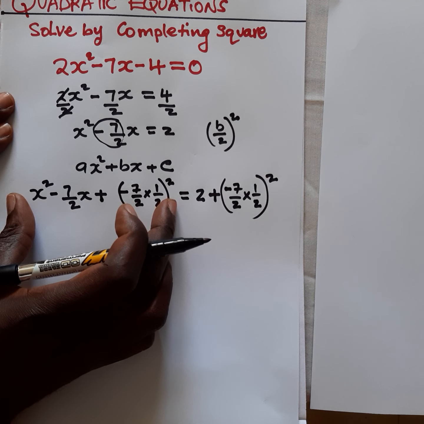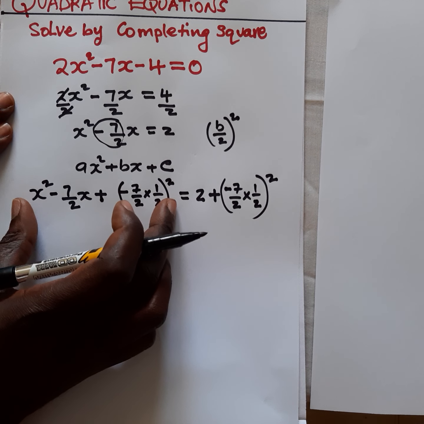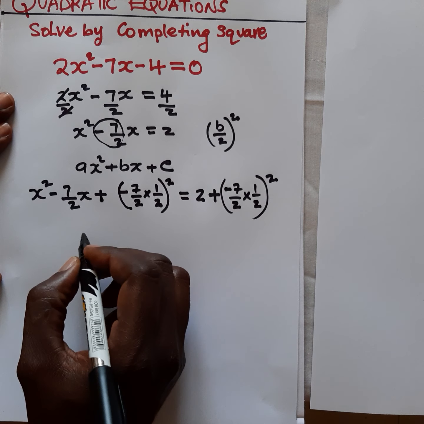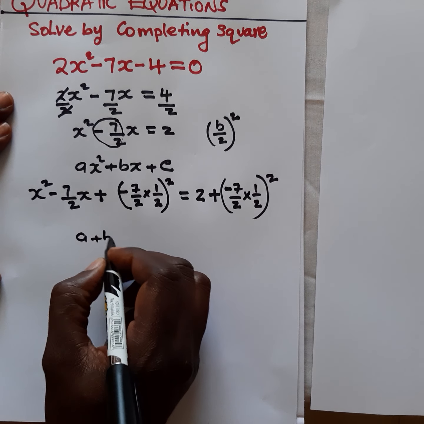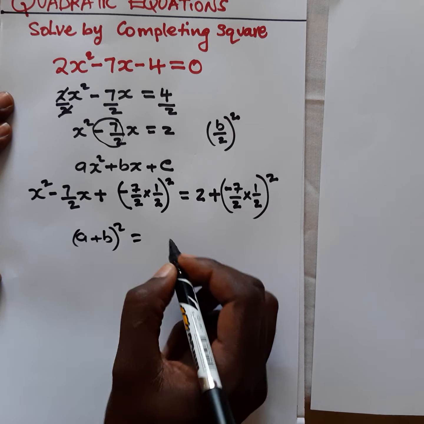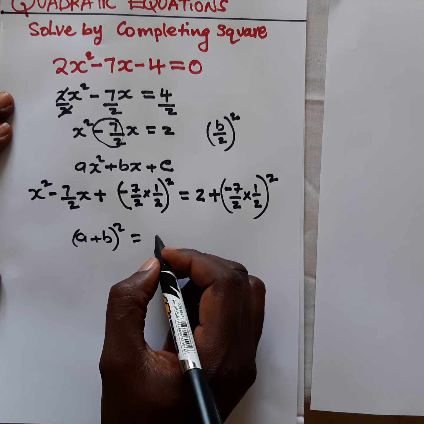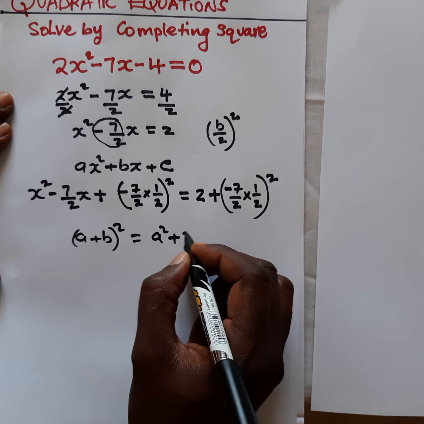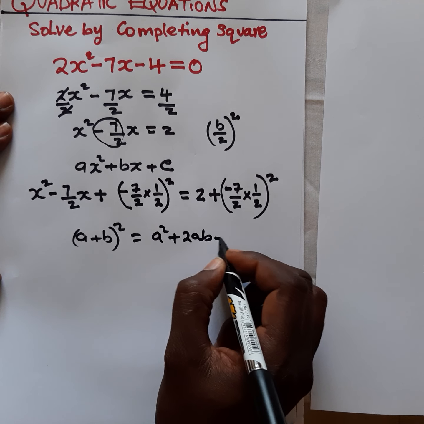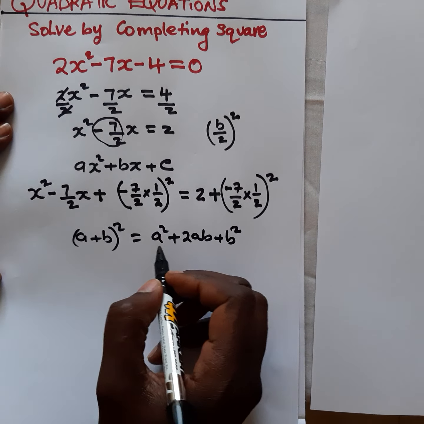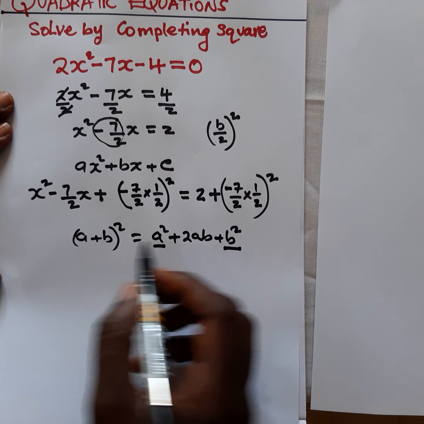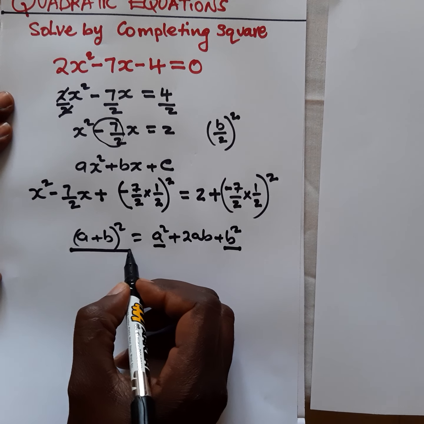Doing this, we have completed the square, since a plus b squared equals a squared plus 2ab plus b squared. So a squared and b squared will give us this format.